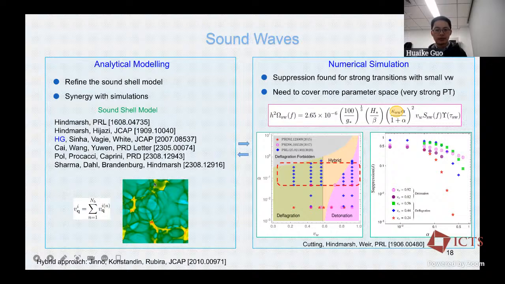We can try to construct a model of the flow motion, calculate the spectrum analytically, and see if this result matches well with the spectrum found from the simulations. The model is called the sound shell model, proposed by Hindmarsh and his collaborators. We also try to improve on this model, and several other groups have also tried to do so.